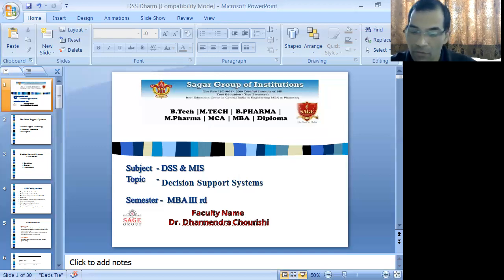So if you want to make some changes, you can change some formula or algorithm, then you will have a different result. So what if capability means you can change the model, you can change the formula, algorithm, software, technique, technology, data type, data format, database, everything.